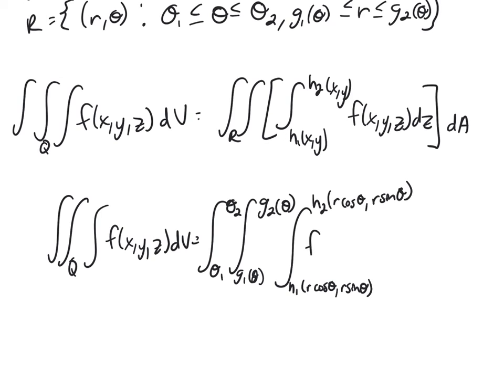And then you're going to have to do the same thing in your function, replace x by r cosine theta, y by r sine theta, and z can stay the same.